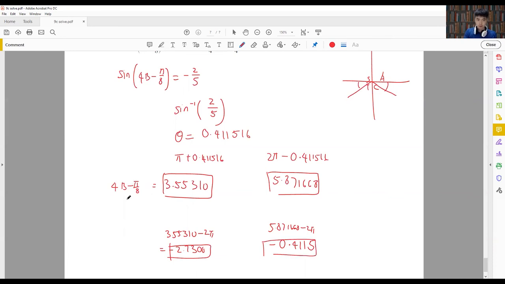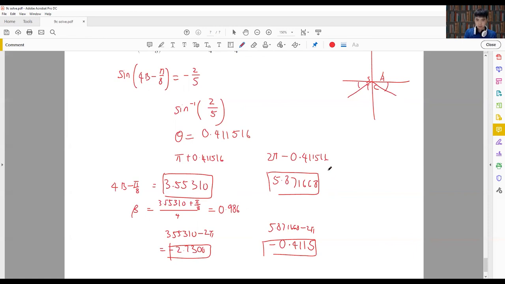So to solve for b value, okay, b is actually equal to this 3.55310 plus pi over 8, divide that by 4. Your first answer should have been 0.986, three significant figures.